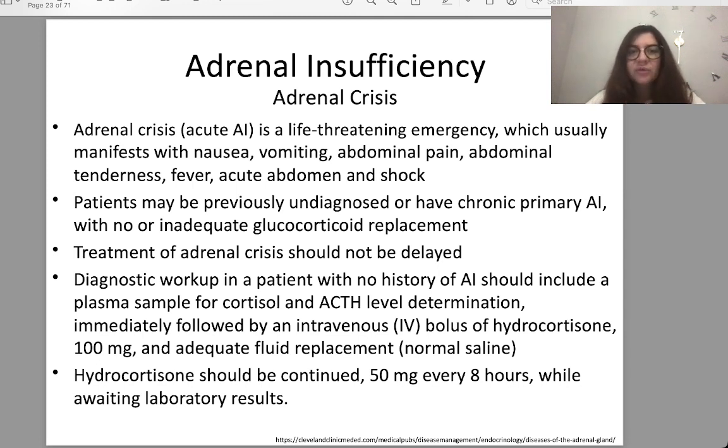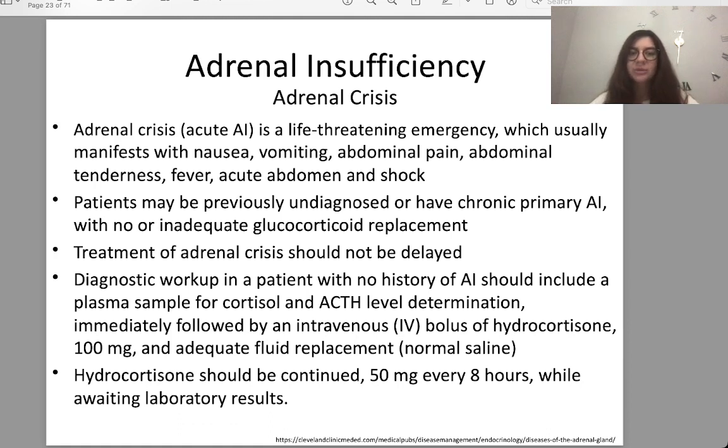It is life-threatening emergency which usually manifests with nausea, vomiting, abdominal pain, abdominal tenderness, fever, acute abdomen, and shock. Patients may be previously undiagnosed or have chronic primary adrenal insufficiency with no or inadequate glucocorticosteroid replacement. Treatment of adrenal crisis should not be delayed.